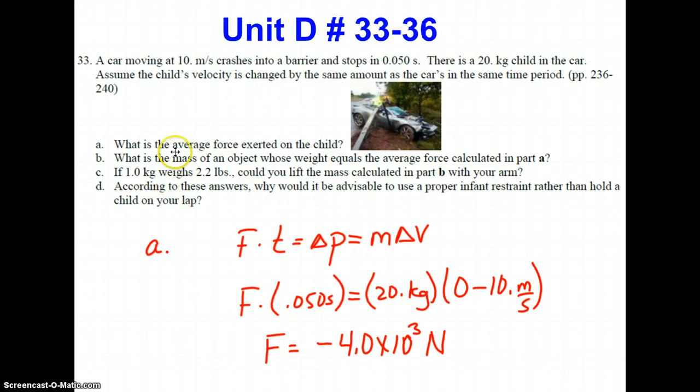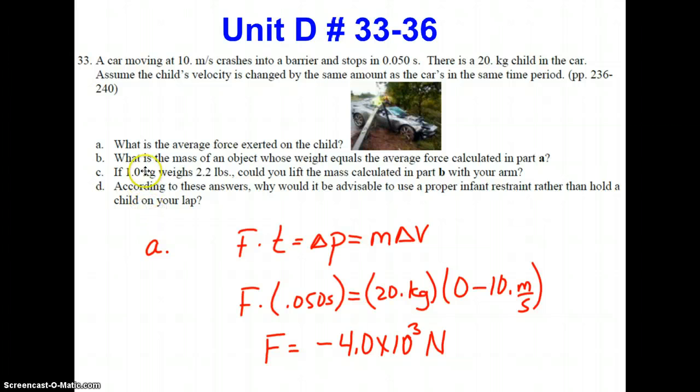So then they want us to take this mass, calculated in B, convert it back to a weight, except they want us to do it in pounds so that you can relate to the answer. And then D, they ask us to, according to our results, explain whether it would be better for the infant to be in a restraint system rather than held on your lap. More to come on that.